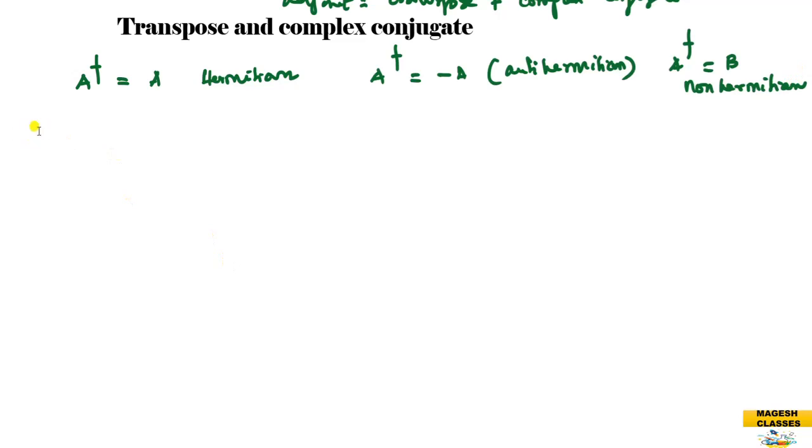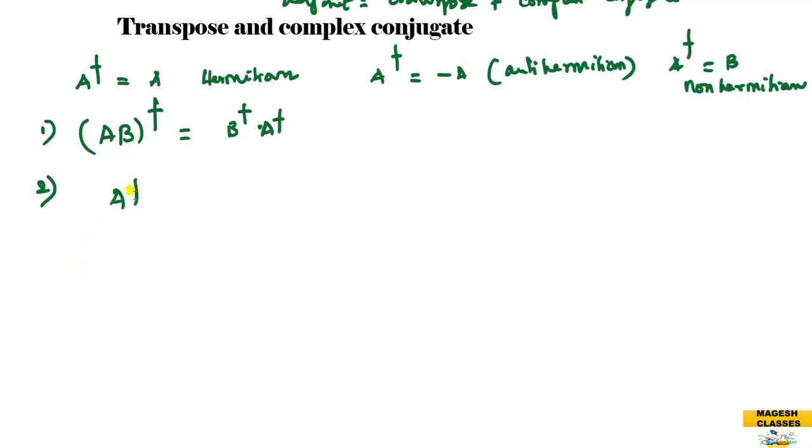Some of the important things you have to know are these. The adjoint of the product AB, that is (AB) dagger, is equal to the reverse, that is B dagger into A dagger.